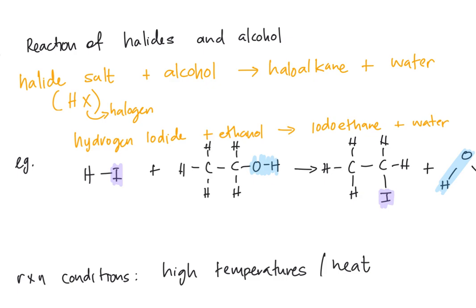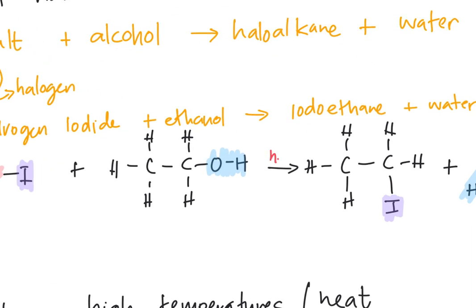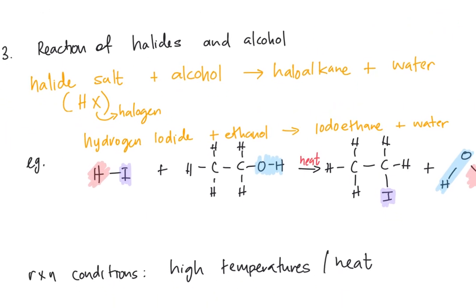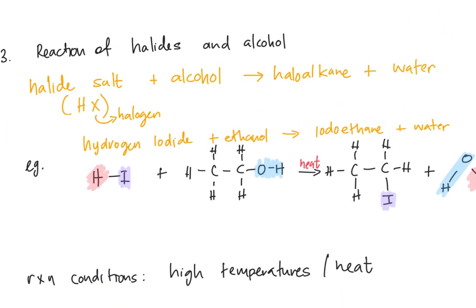And the hydrogen from the hydrogen iodide forms part of the water. And this reaction has to take place in heat. So I can just put the word heat there. It must take place under high temperatures. And that is reactions of halides and alcohols.